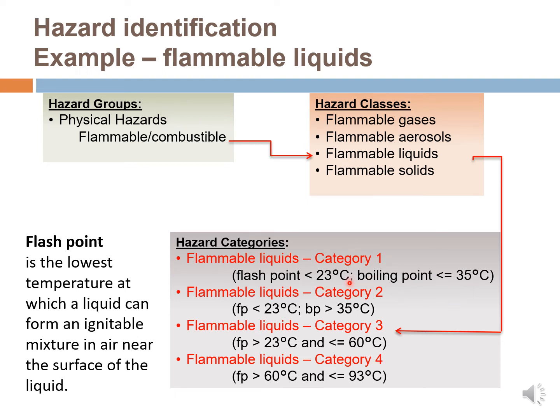If we compare this category 1 with category 4 flammable liquids, those that fall under category 4 have a flash point temperature more than 60 degrees Celsius, and boiling temperature less than or equal to 93 degrees Celsius. So you can see why these categories are divided, because the temperatures are very different, and you can see this between the second, third, and fourth also.